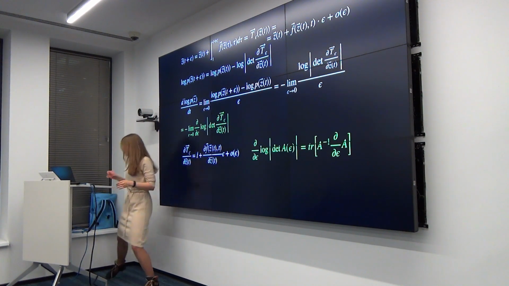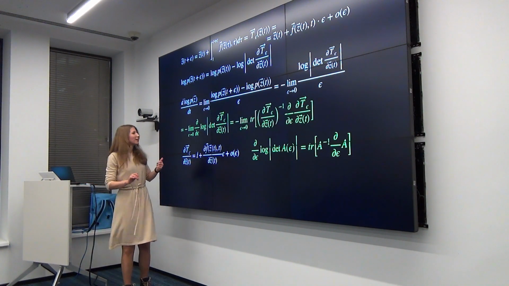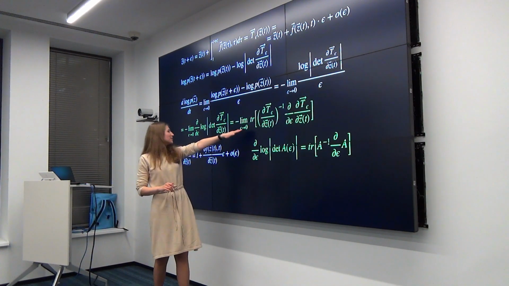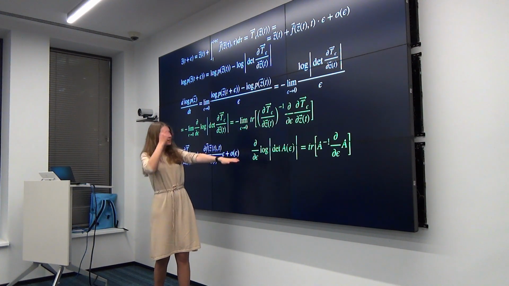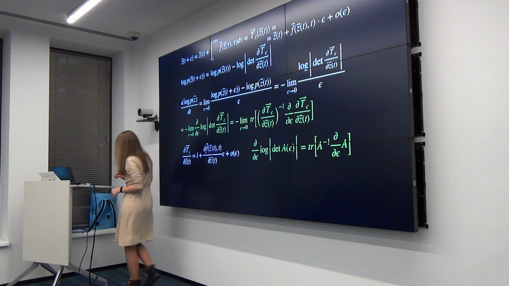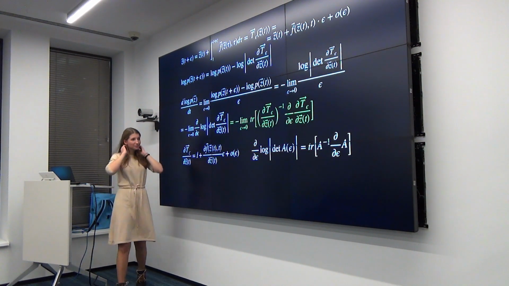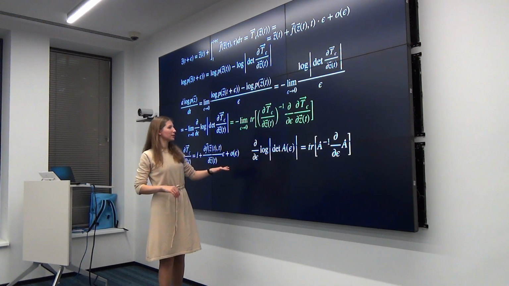Okay. So we use this formula, and I just write it. Change A to the alpha matrix. And let's look at the terms of the multiplication.